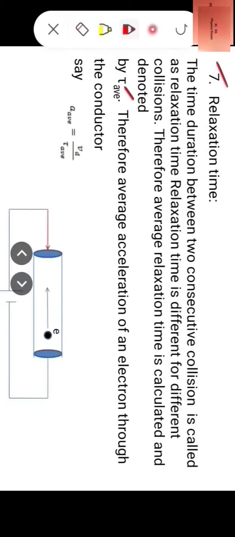Therefore, average acceleration of an electron through the conductor, say a average, is equal to Vd by tau average, where Vd is drift velocity of electrons, a average is average acceleration of electrons and tau average is average relaxation time of electrons.